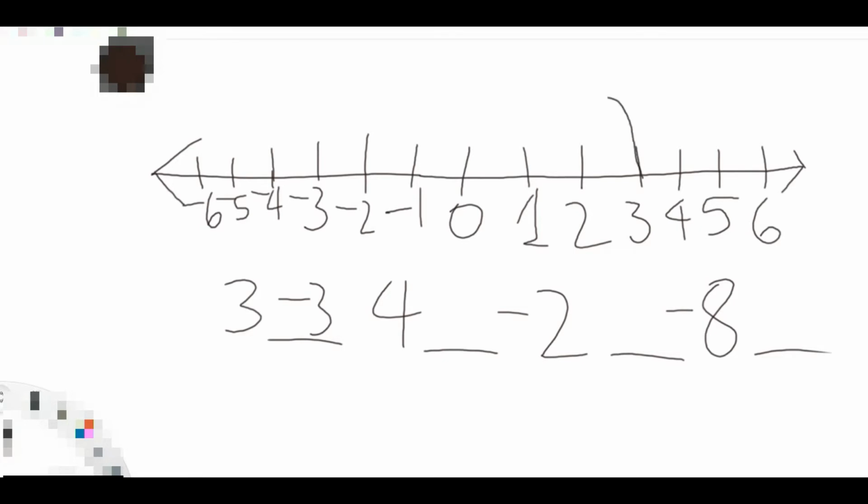On the number line, that's 1, 2, 3, 4, 5, 6. You can notice it's 6. So you could go like this, plus 6 in all, or -6.